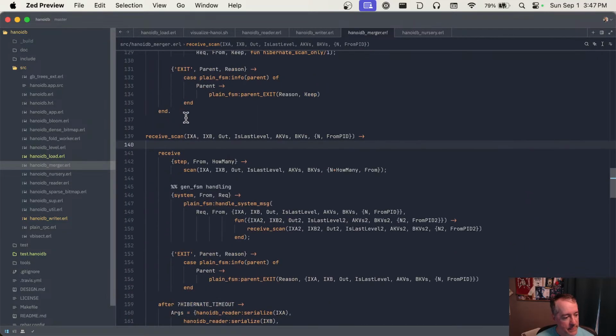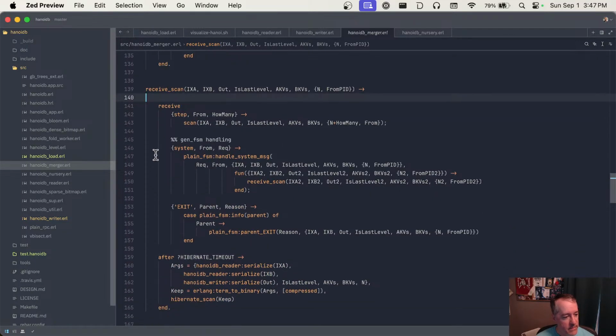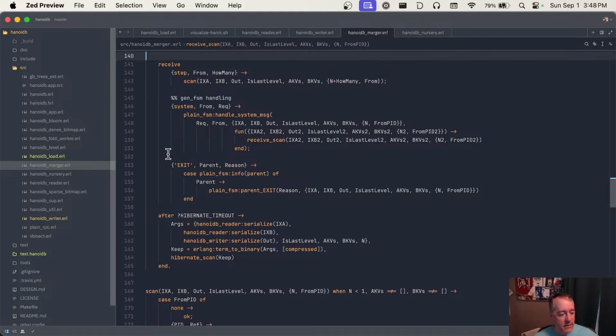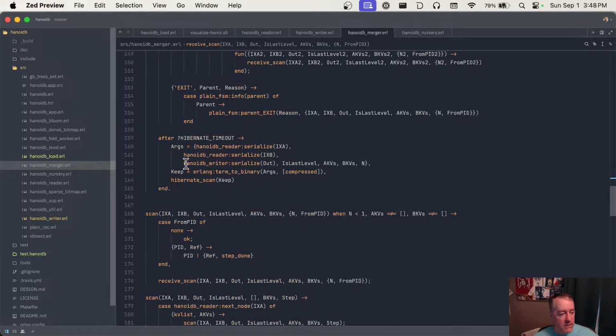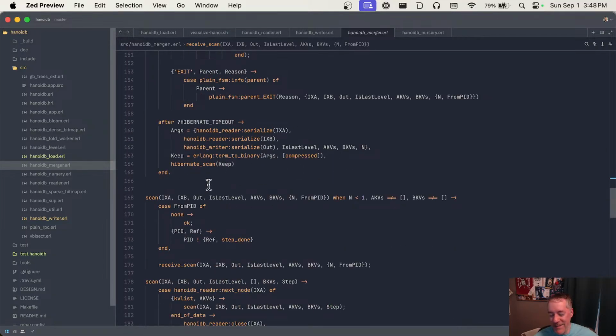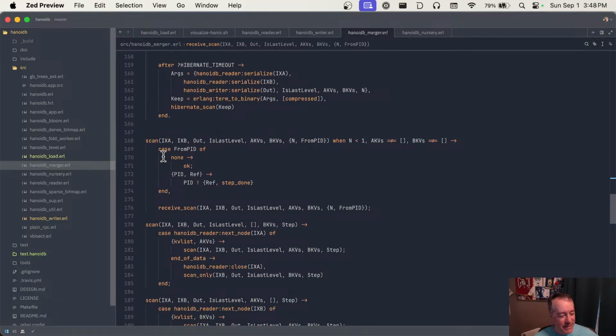No. Okay, there's some plain FSM goop in here, but I'm guessing that's so we didn't have to use gen statem. Yeah, or gen FSM. Gen statem's the new one. This existed before gen FSM, or this existed before gen statem, which is the newer, more flexible one.